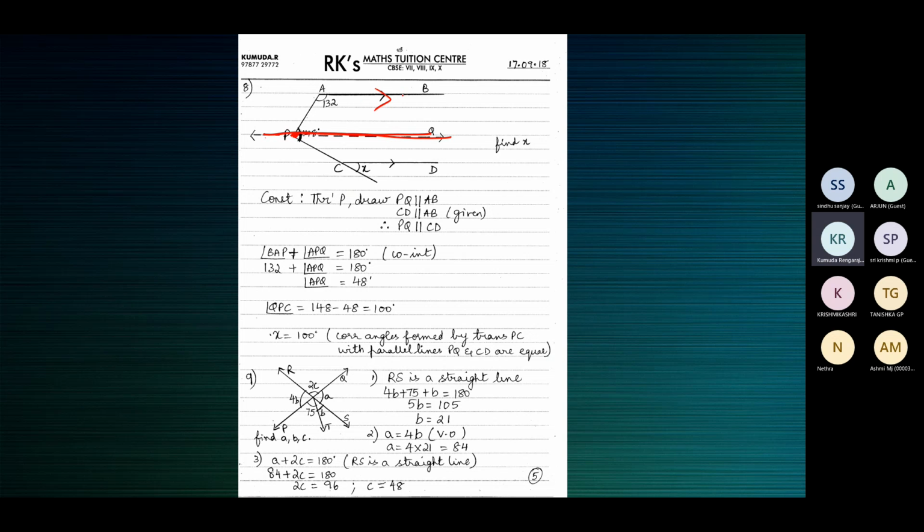All those lines will not be parallel to AB. So such a thing is possible, and only that can be taken as a construction. Some meaningless thing we cannot take as a construction. Construction is not something which you just like to do.